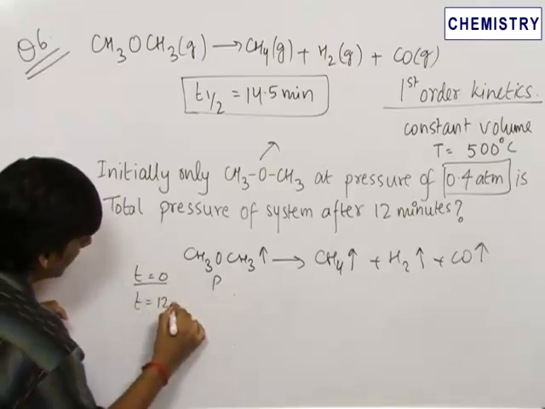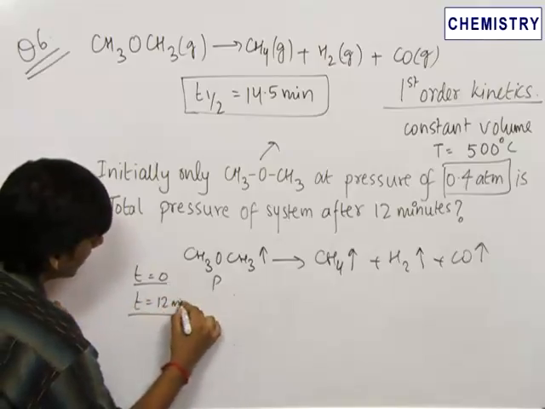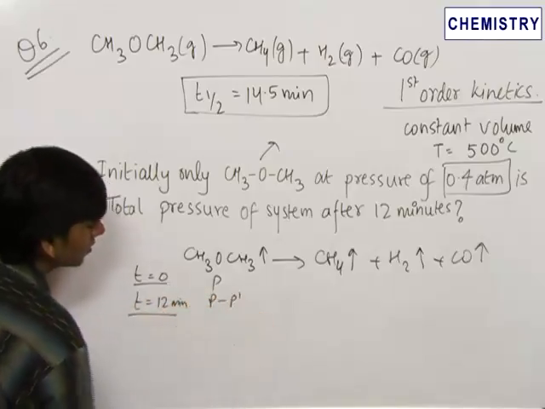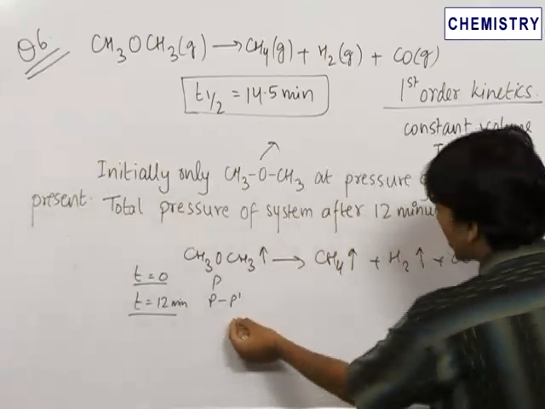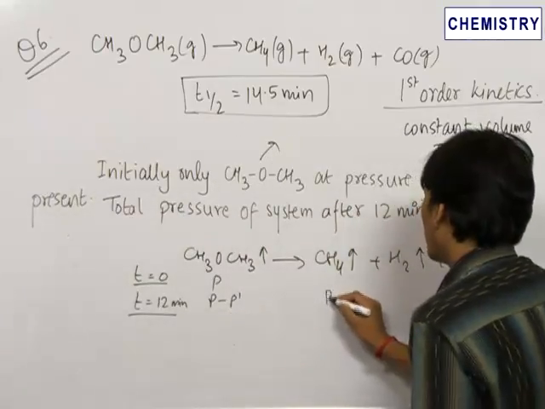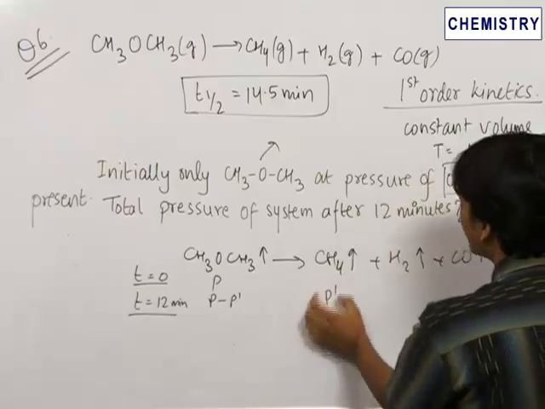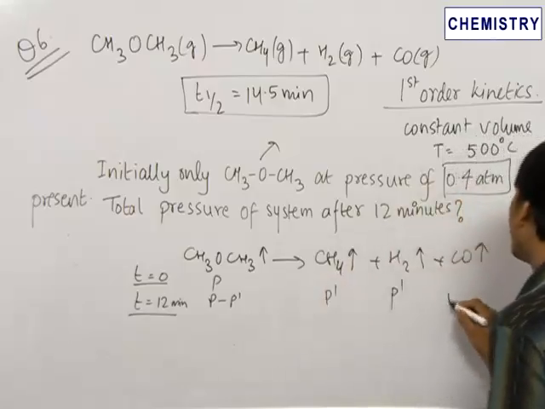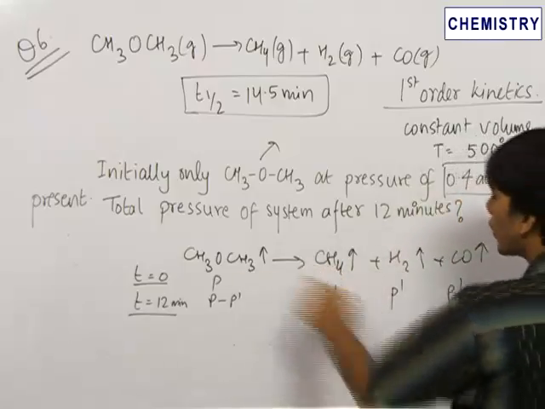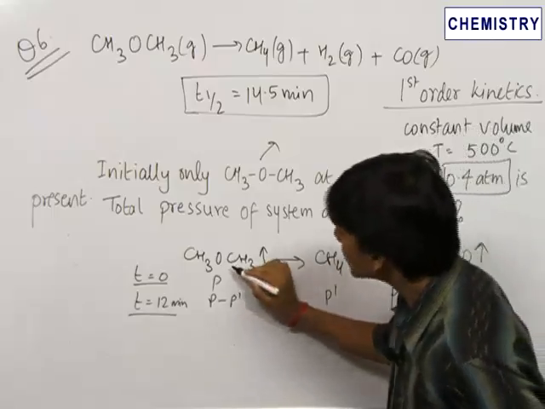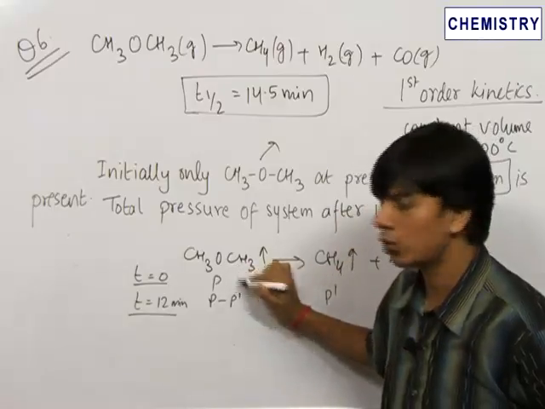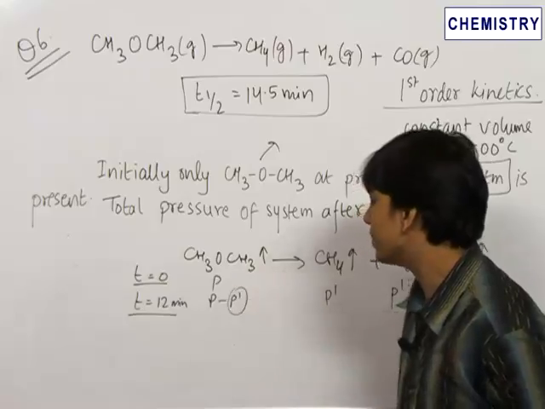At T is equal to 12 minutes, this will be P minus P dash. Now the reduction in pressure P dash will create a pressure of P dash for CH4 and P dash for H2 and P dash for CO according to the coefficients, because if X moles of dimethyl ether are decomposed, then the pressure reduced is P dash.